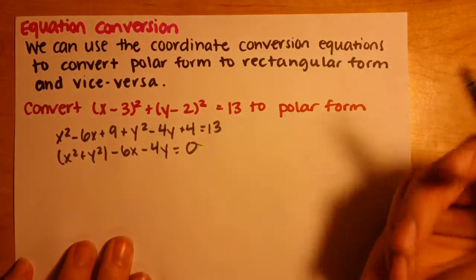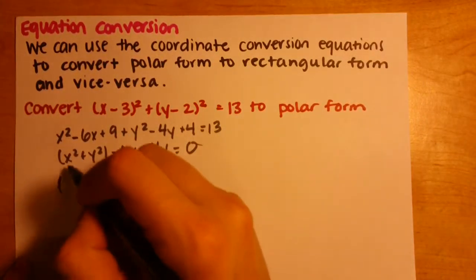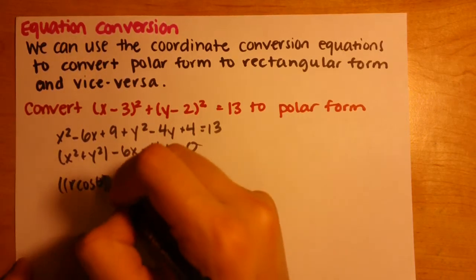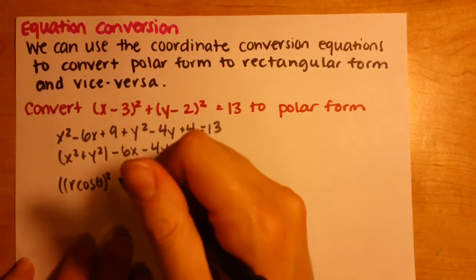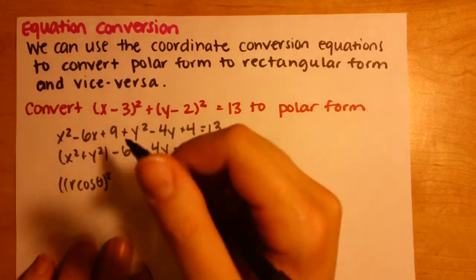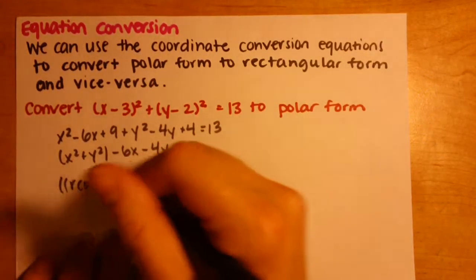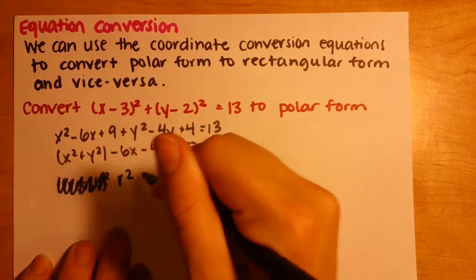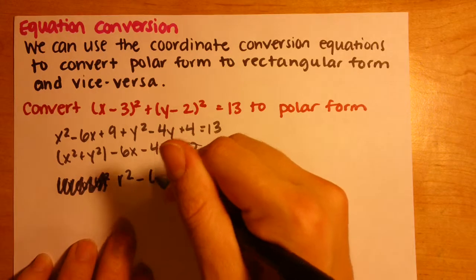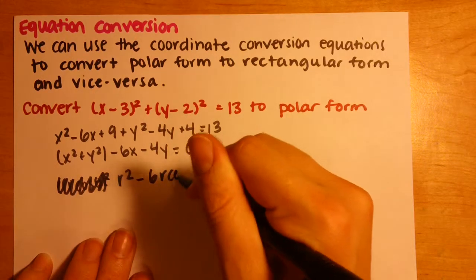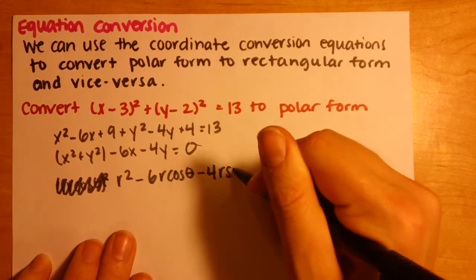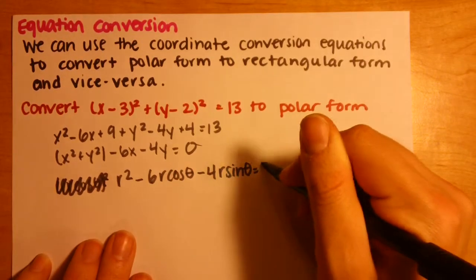So now I can plug in x is r cosine theta, and then y is r sine theta. But we know x squared plus y squared equals r squared. So r squared minus 6 r cosine theta minus 4r sine theta equals 0.